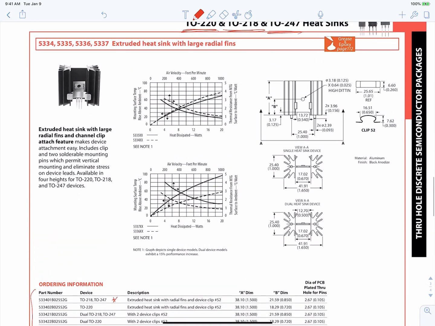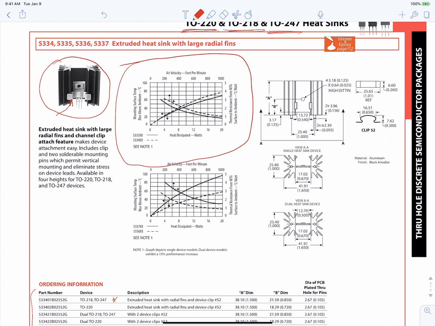So when we go back up, we see a picture of what the actual heatsink looks like, and we notice that it is secured to the FET via a retaining clip that applies pressure to keep the surfaces in close contact. The key piece of information that I want to point you to is this graph right here. At first pass, this is a complicated graph because it's showing two quantities at once.